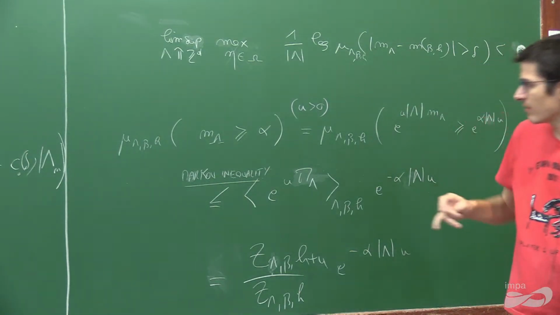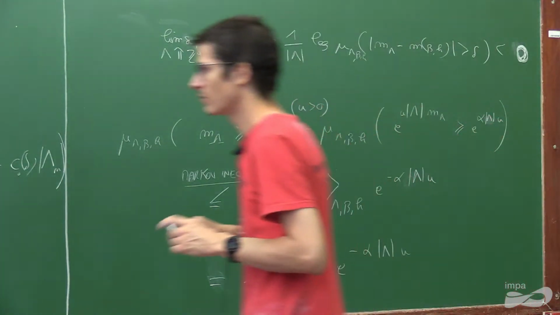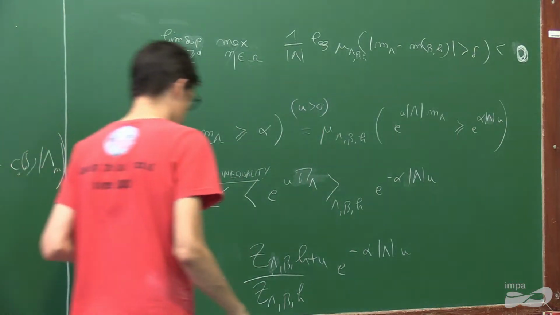Okay, so now I will just rewrite this, but I will take the log and divide by lambda.